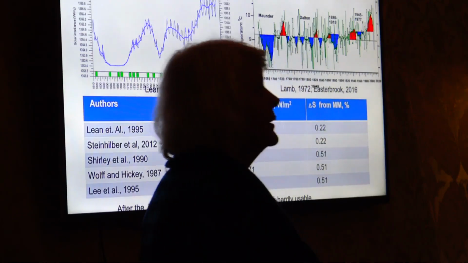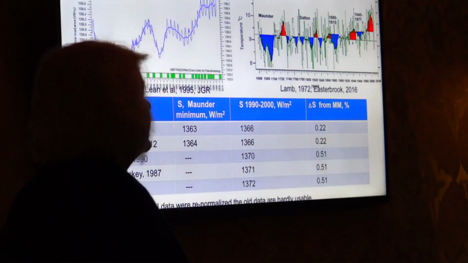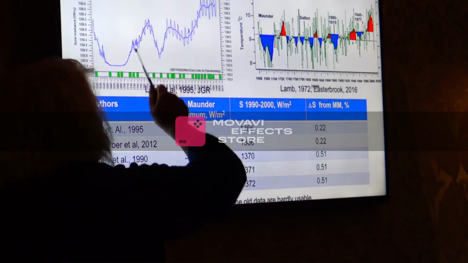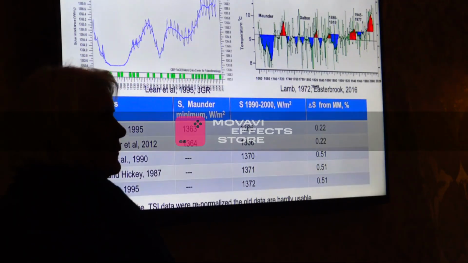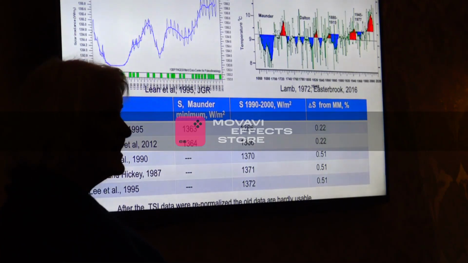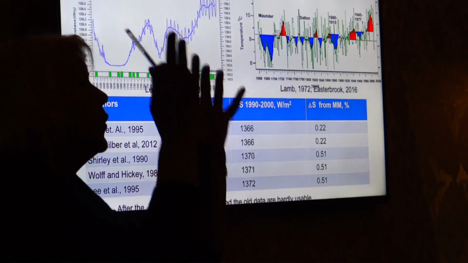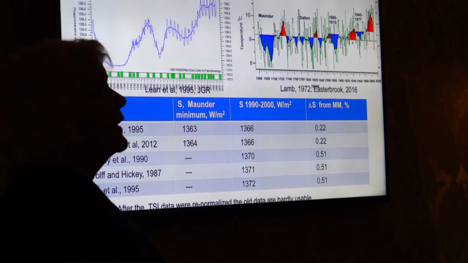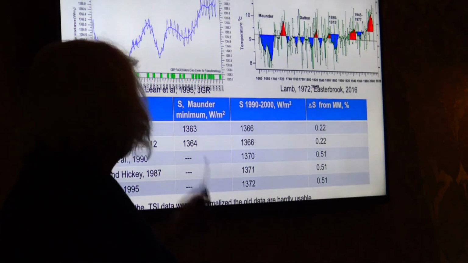But what is happening? People calculated, Lin et al. showed that during the Maunder minimum, the solar irradiance measured in watts per square meter was reduced by only about 3 watts per square meter.